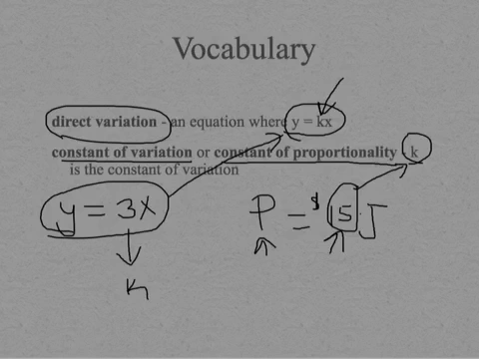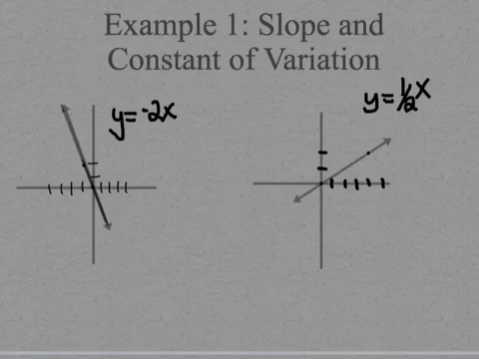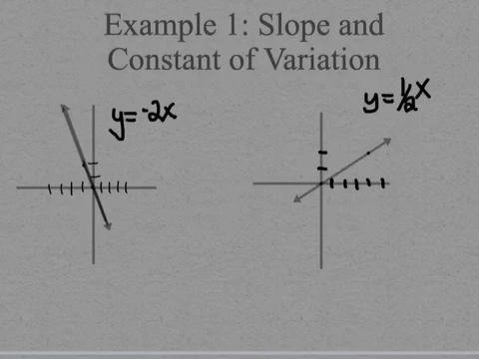Let's look at some examples. If we look at these two lines and their respective equations, we can find out some really interesting information in reference to the slope and the constant of variation. So if we were to look for the constant of variation, remember it's the k value.